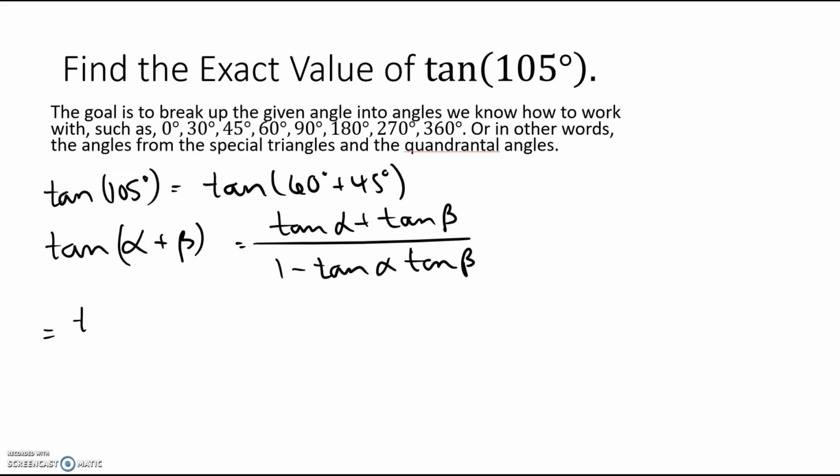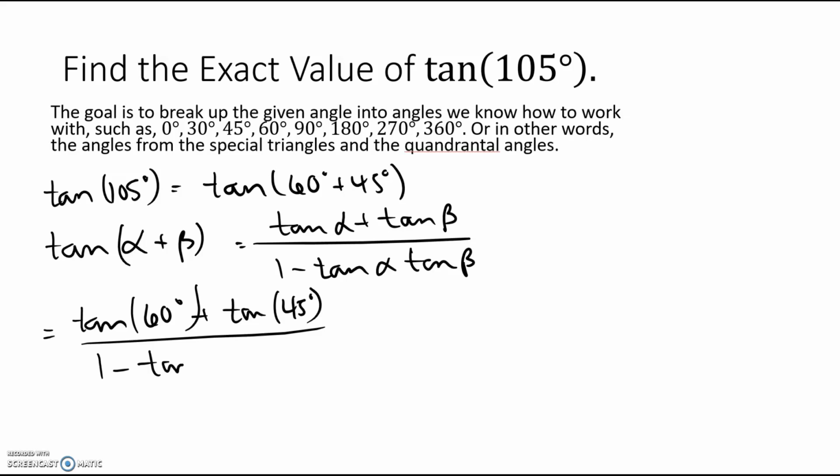Okay, so that's going to be tangent of 60 plus tangent of 45 divided by 1 minus tangent of 60 times tangent of 45.